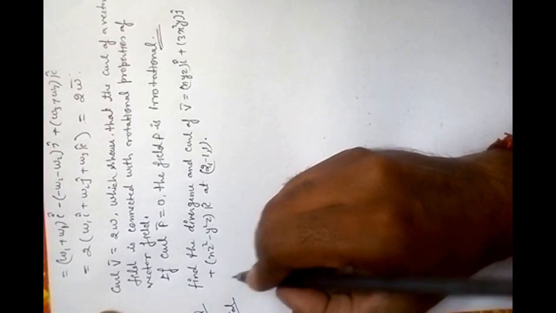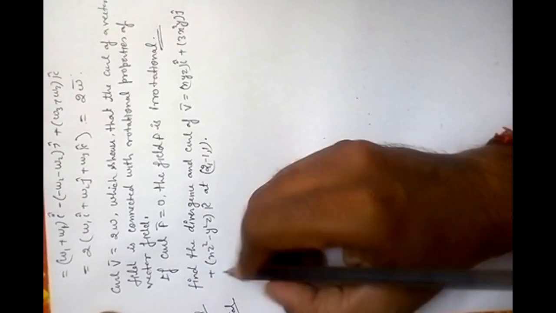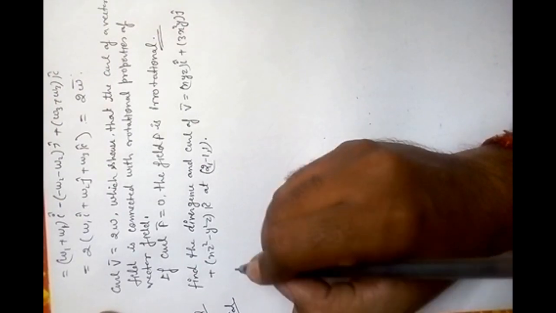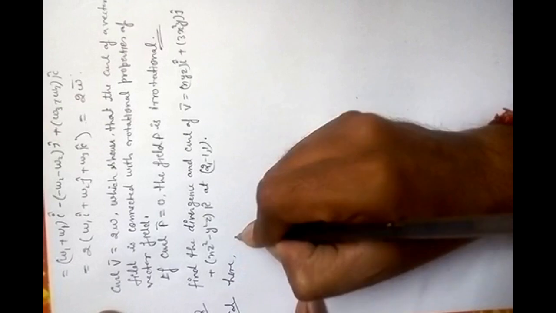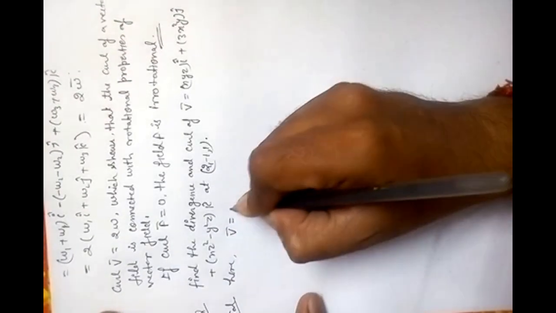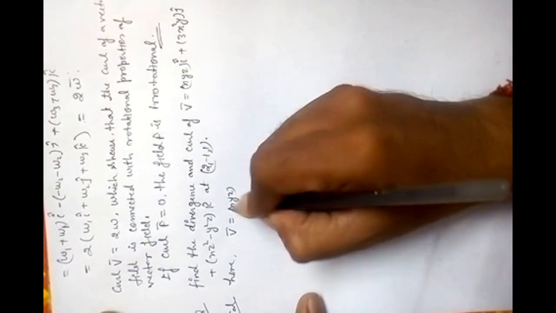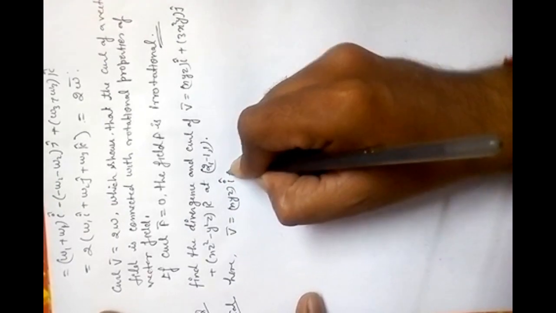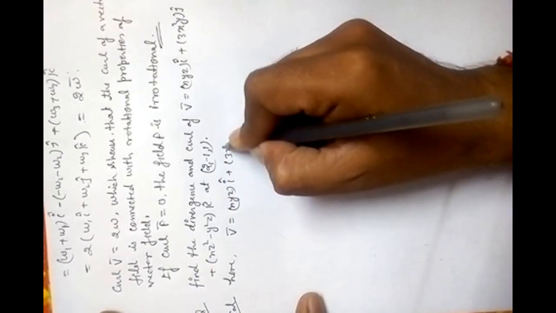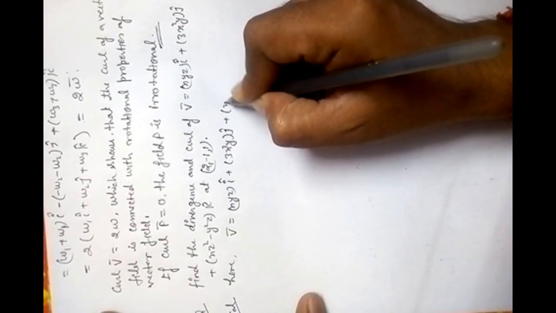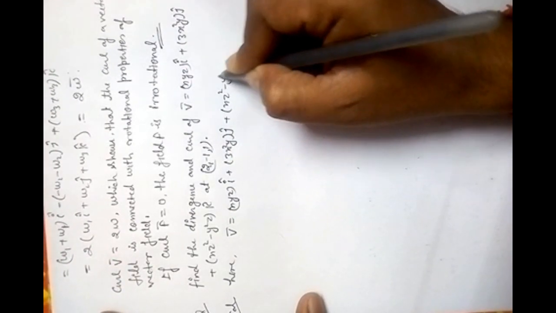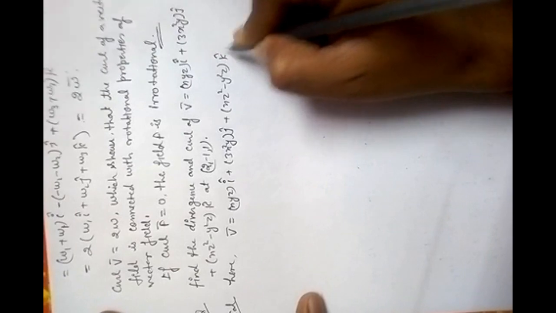So we know that divergence v is equal to del dot v. So here vector v is equal to xyz of i plus 3x square y of j plus (z x square minus y square z) of k.